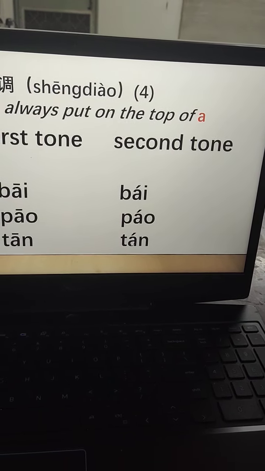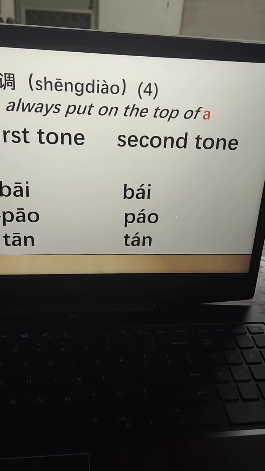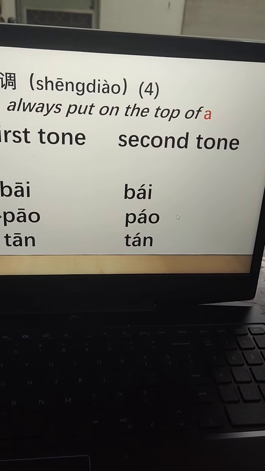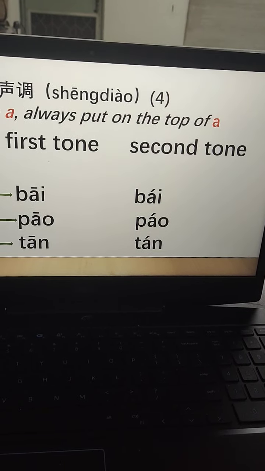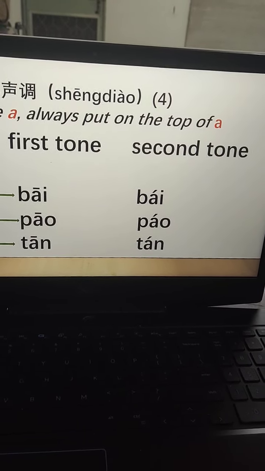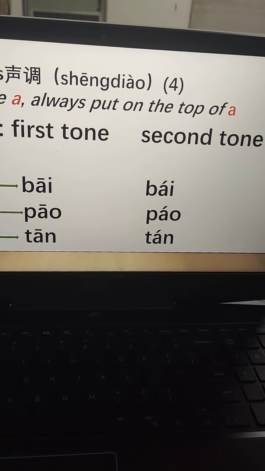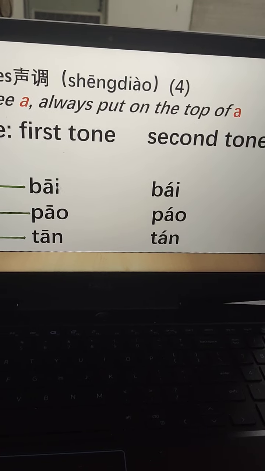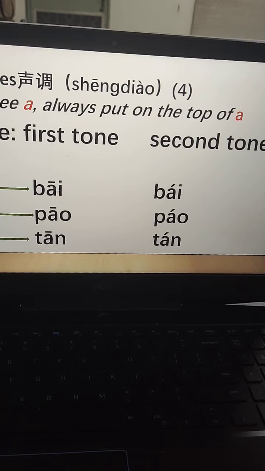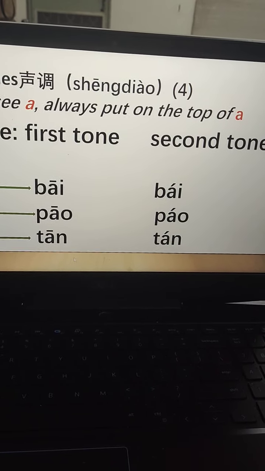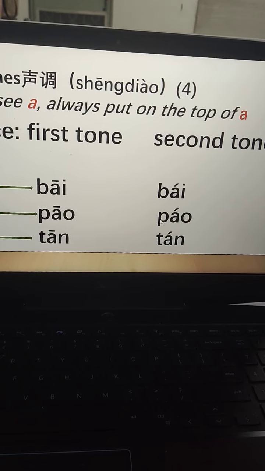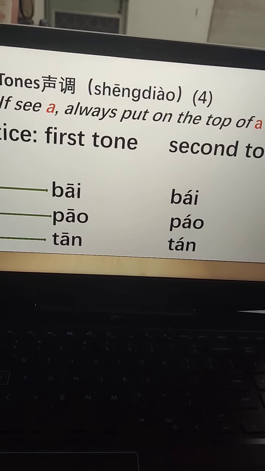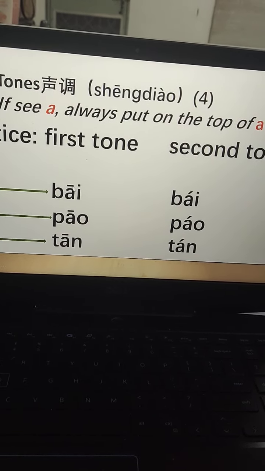Why? Because a comes first in the pinyin, okay? This is the first, okay? So every time when you see a, you put the tone mark above a, not e, not o, not n, not b, not p, not t, right? You put it on the a, okay?